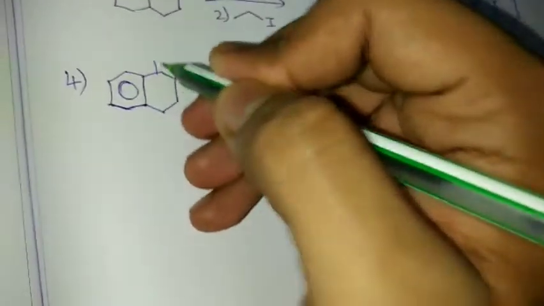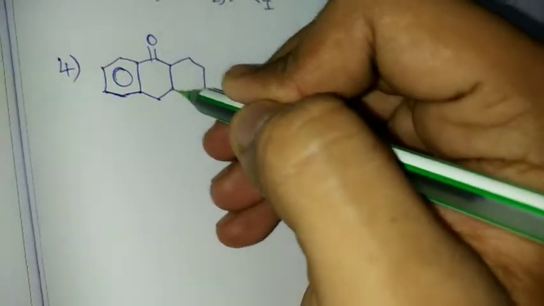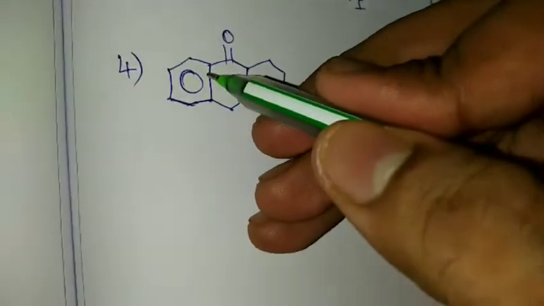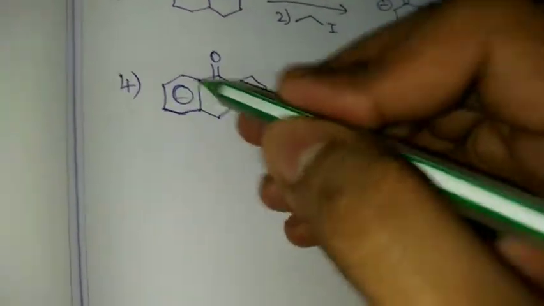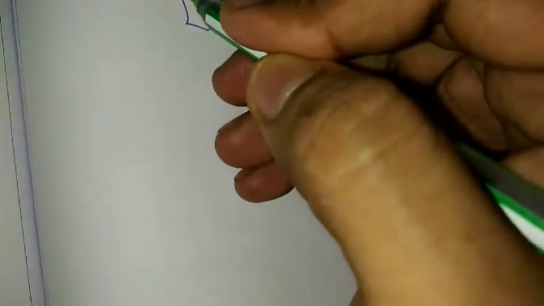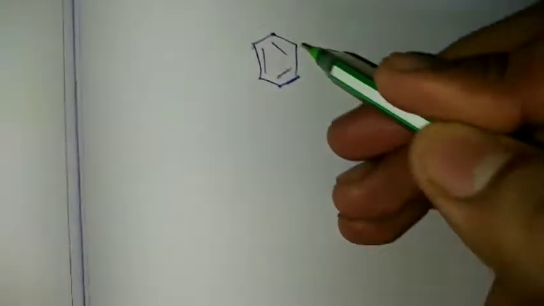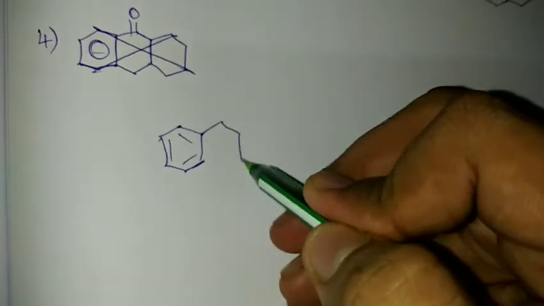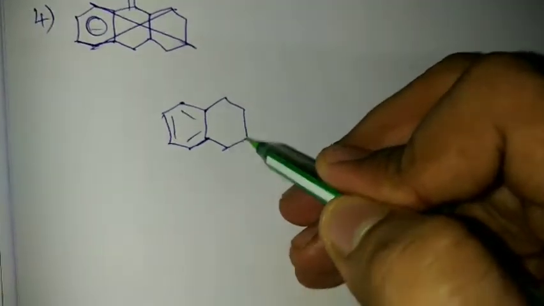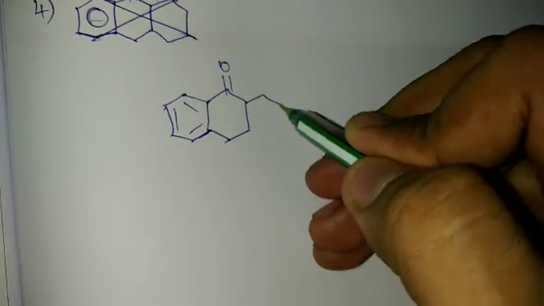This is a benzene ring. It forms a double bond O, a 3-membered ring. So I'll draw it in a different fashion. So it will be like this. Nothing different here, just that I am drawing it in the Kekulé structure only.